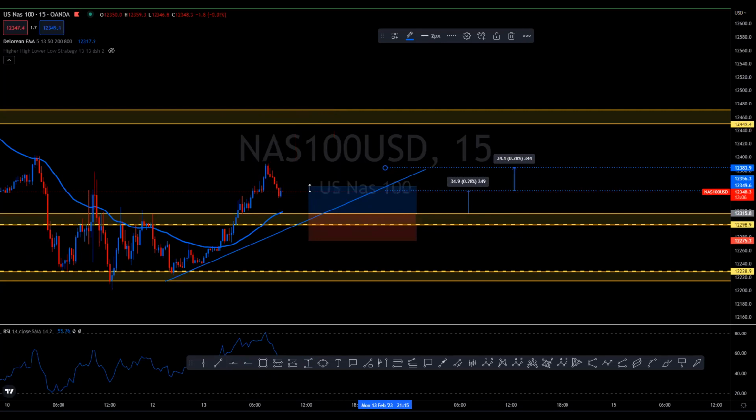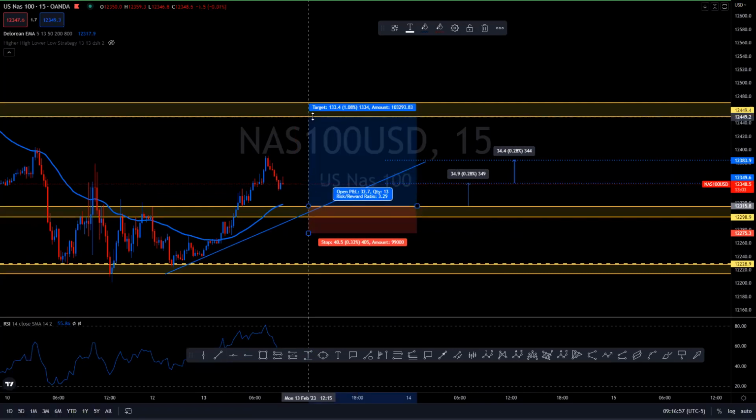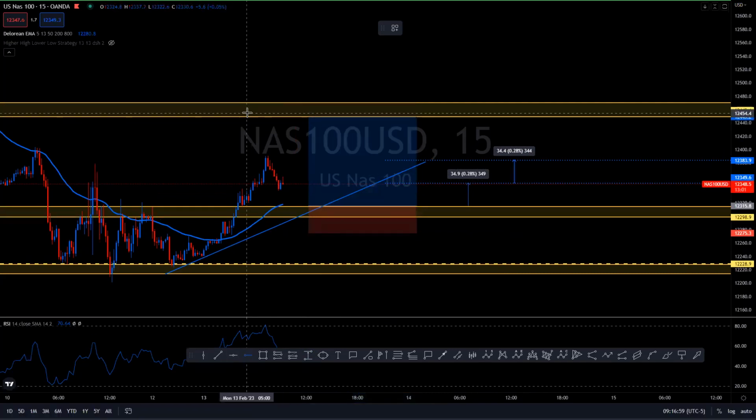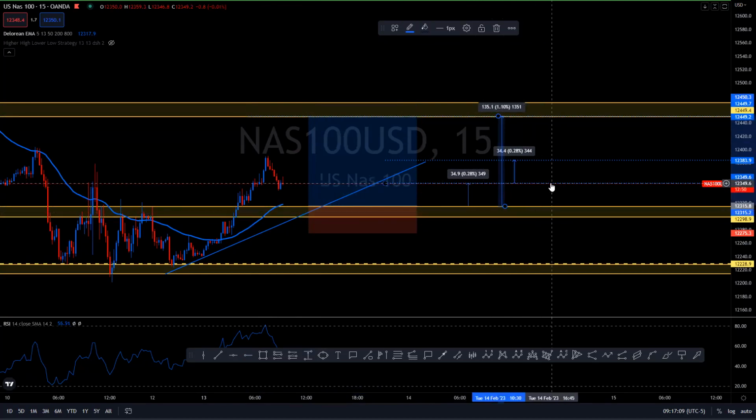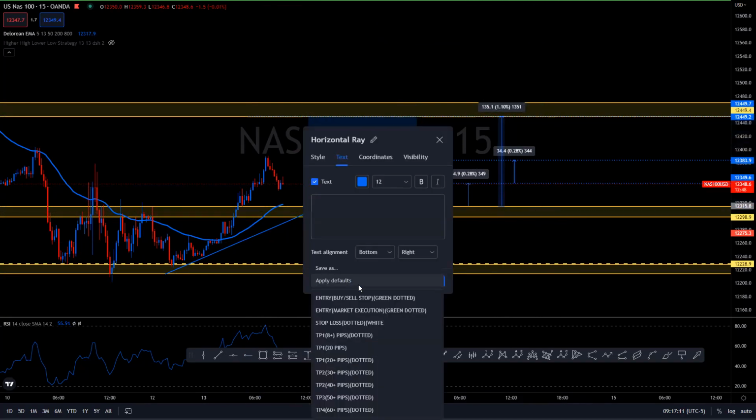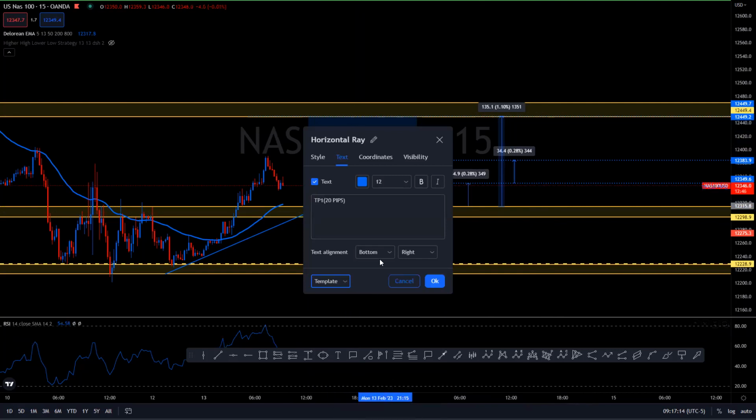So with that being the case, we'll focus on getting all the way up here, which would be a total of 1,400 points. So just going to label these here, TP1, that's going to be 300 plus points.